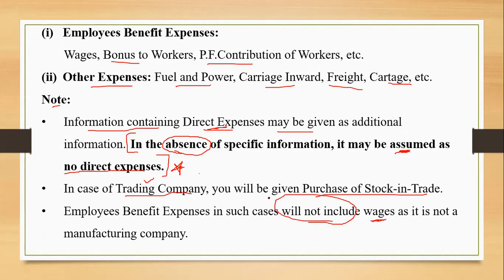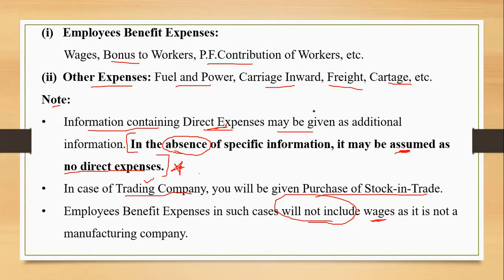When it's a trading company, we are just purchasing goods from one place and selling to another place. We are not into the manufacturing process at all. So the amount of wages is not possible in that case. So whenever you are given the statement of P&L, at that time we need to take care whether it's a manufacturing company or a trading company.